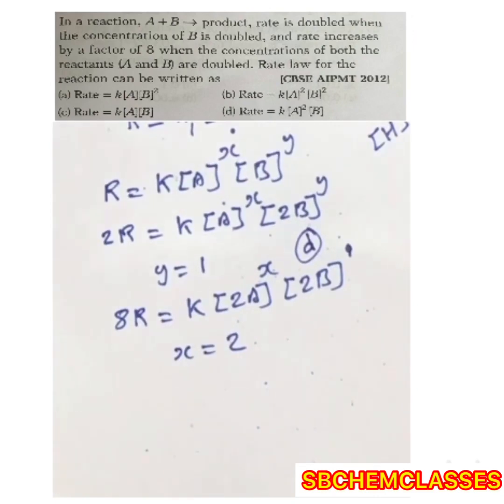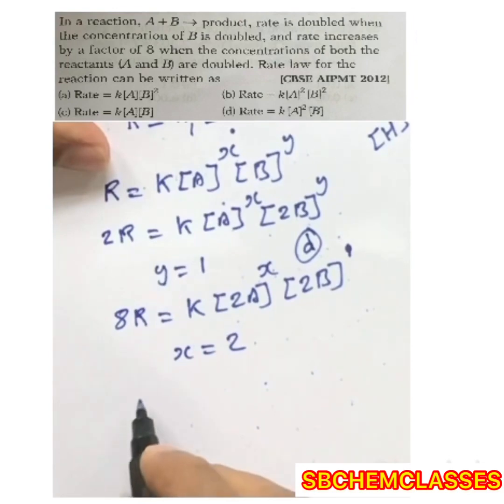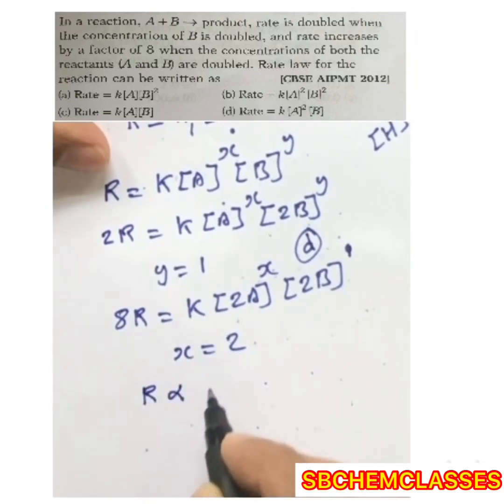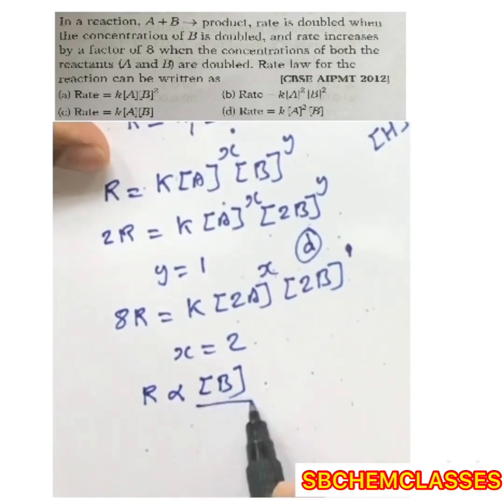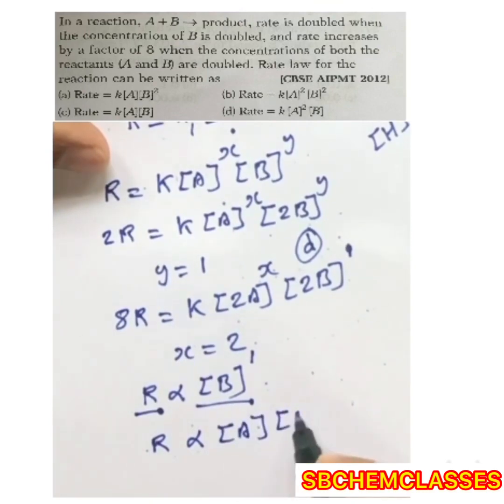But in this question, we can use a simple technique. Rate is directly proportional to concentration of B. If it is doubled, rate also doubles. That means B has power 1. In another one, rate is directly proportional to concentration of A and concentration of B. When both are doubled, rate becomes 8 times.